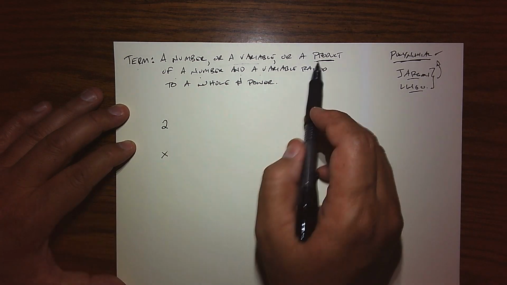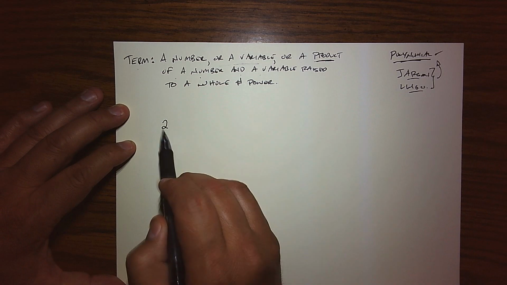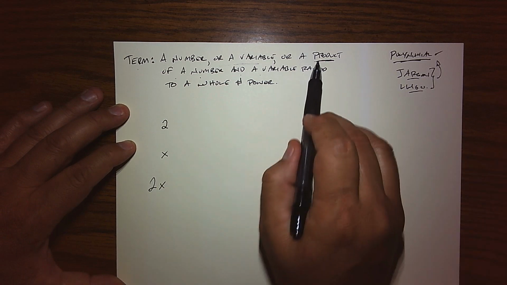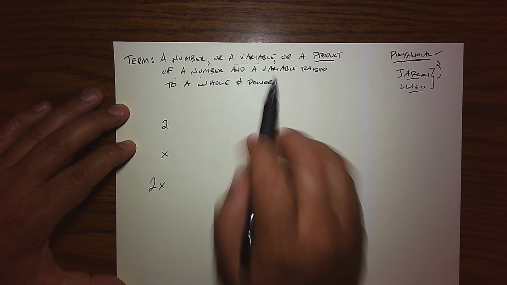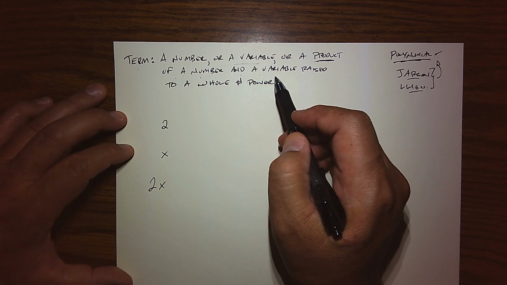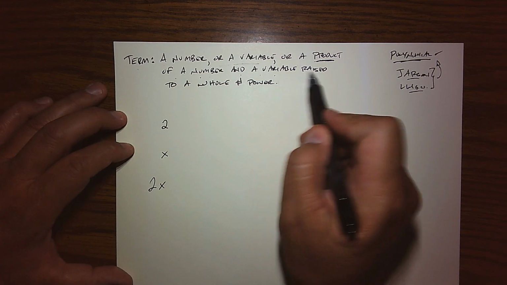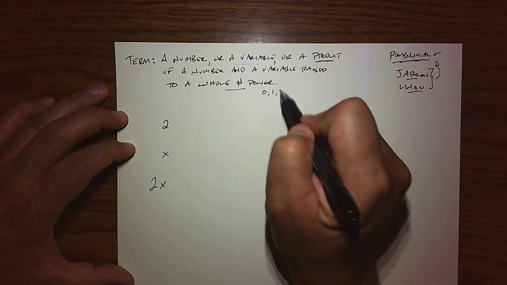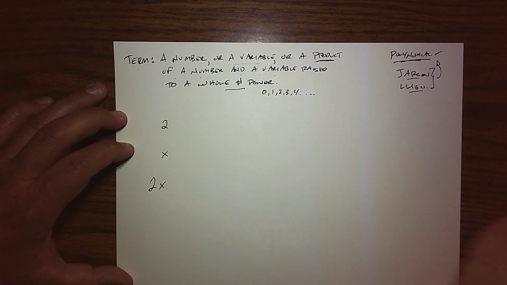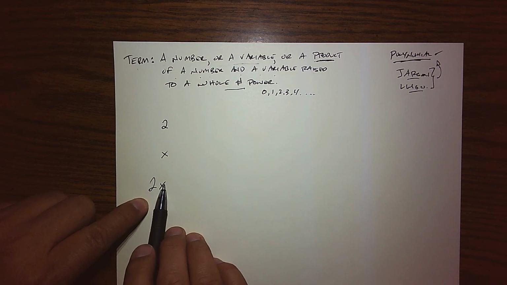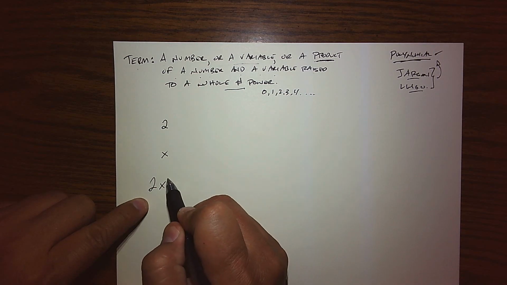So what we mean by that is product means multiplication. So maybe I take my 2 and I multiply it to my x. So I've just formed a product between a number and a variable. And then the key to making a term different than anything else is that the variable is only raised to whole number powers. Recall our whole numbers are 0, 1, 2, 3, 4, and so forth and so on. So for the term that I've built here, x is basically raised to the first power.